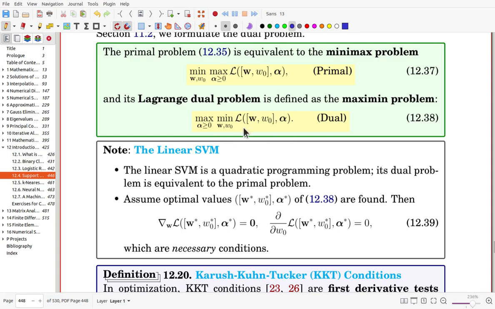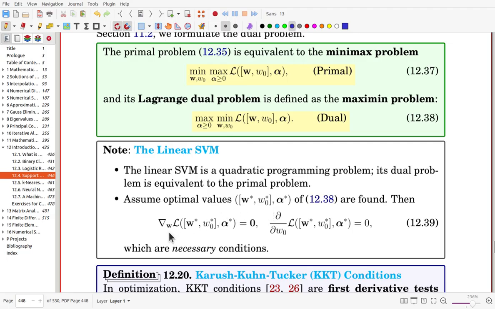Then here, the derivative, once this whole thing is found, we assume optimal values for the W side and the dual variable side are found. Then at those points, the derivatives with respect to W and W0, evaluated at the optimal points, must be 0. It is a necessary condition.